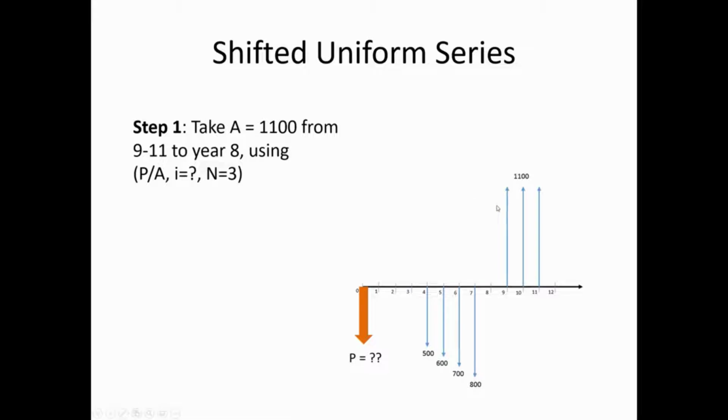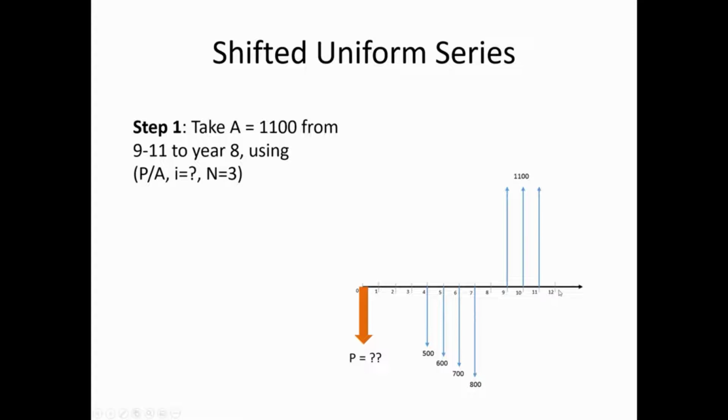Now, the general form of an annual series is that the present it takes the amounts to is 1 year immediately before the first annual amount. So find P given A is going to take the equivalent of this to year 8. It's not going to go all the way to year 0.